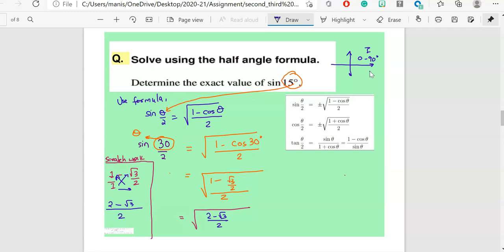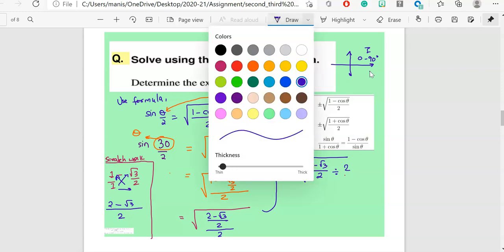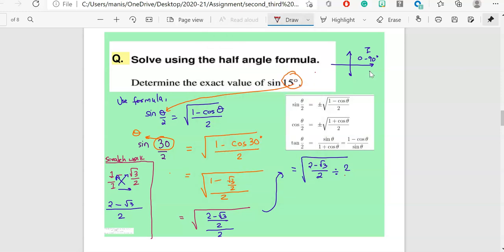Now after this, what will happen? Inside, okay, hold on, there is one more 2 over here. I think I forgot to do this one. So what is happening inside looks like this: 2 minus radical 3 over 2, divided by 2. I'm doing all the mathematical steps for you. It will be divided by 1.